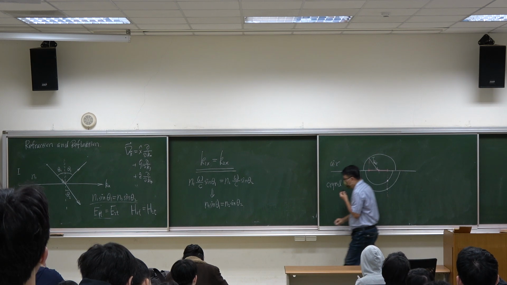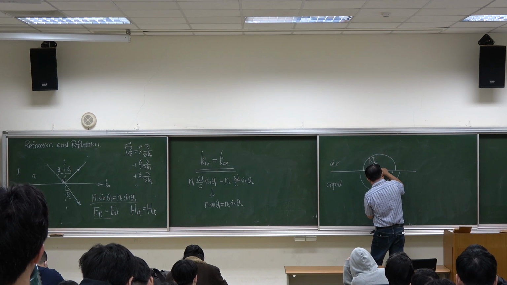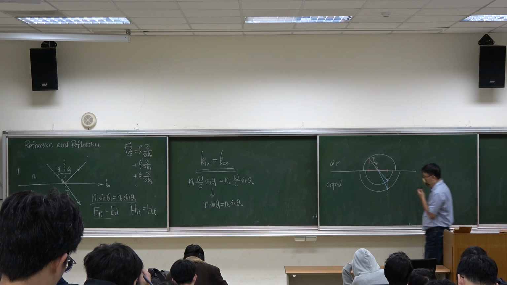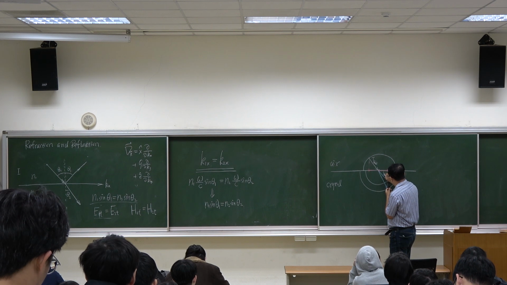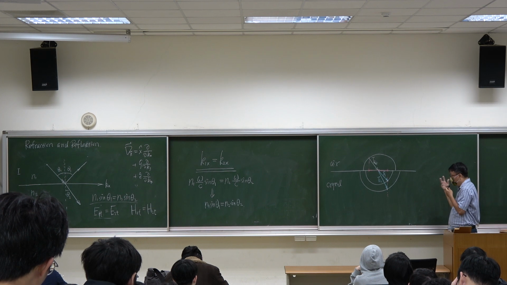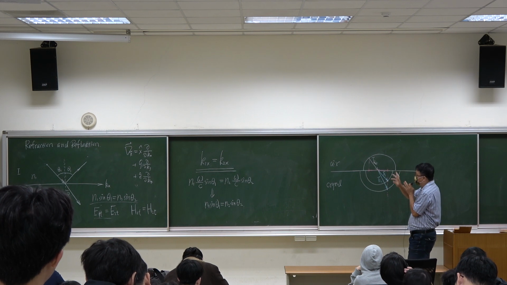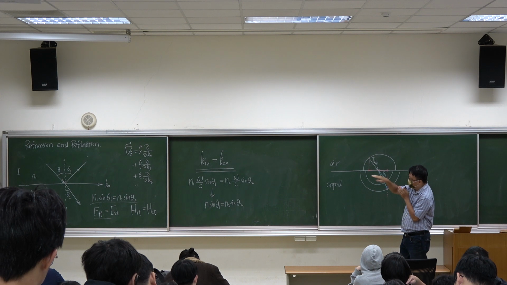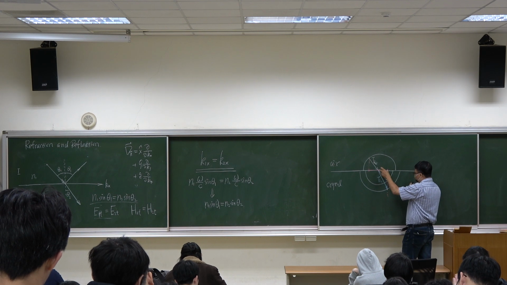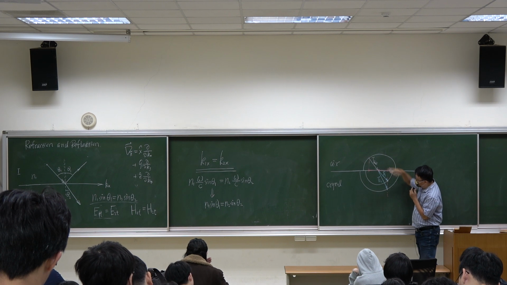So you have this and this. Here I denote this as K1 and this as K2. Now we have 2 different K vectors. These 2 different K vectors are not the original K1, K2 corresponding to the same propagation direction, but now they correspond to the same projection, this horizontal component.